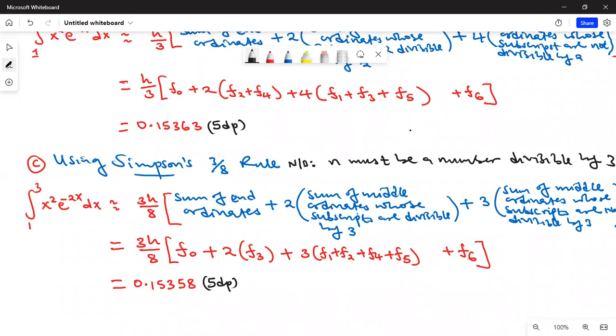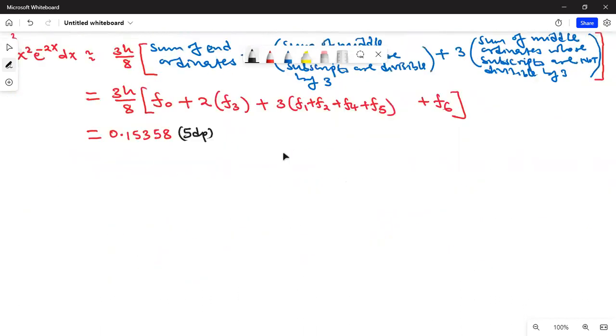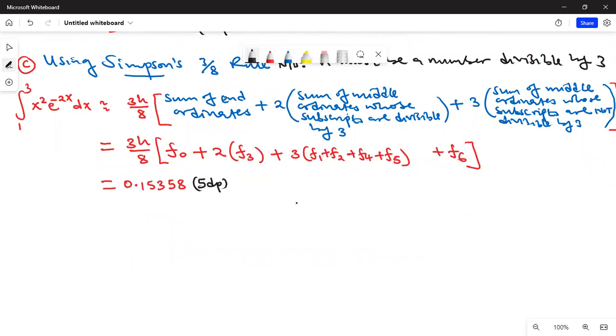So first of all, let's look at how to find truncation error bound in using each of those approximations. So write a subtopic: truncation error bound.